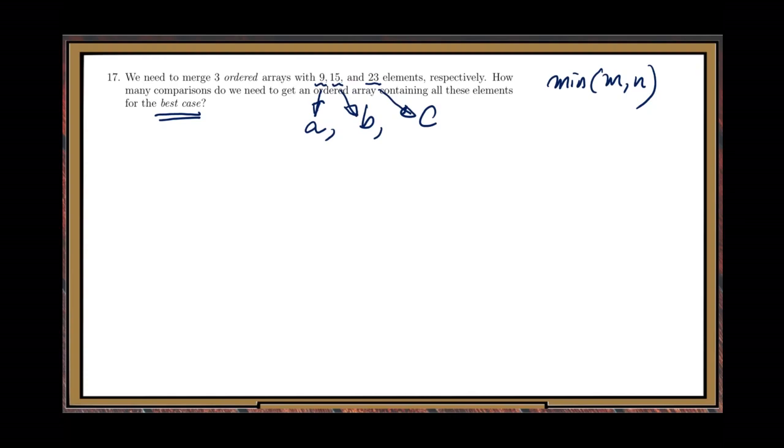When we merge three ordered arrays, we have several ways to merge. We don't know which way would give us the best solution. The best solution means the number of comparisons is the smallest.